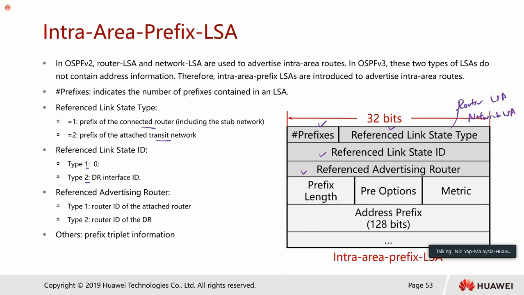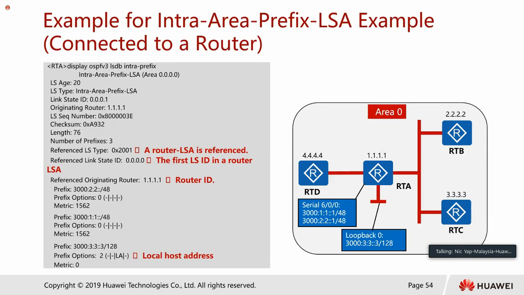So far, okay? Now we look into the example here. In the example for the intra-area prefix LSA, we have routers A, B, C, D, same as before. When I check with display ospfv3 lsdb intra-prefix, it shows that there are 3 prefixes. They reference back to the router LSA, and under this router LSA the reference ID will be 0.